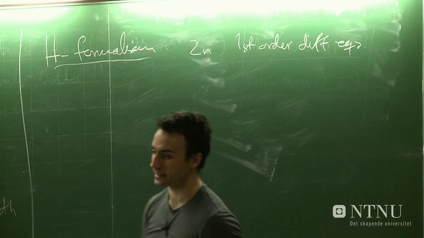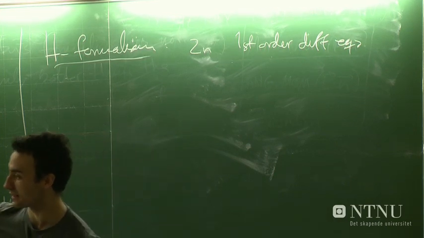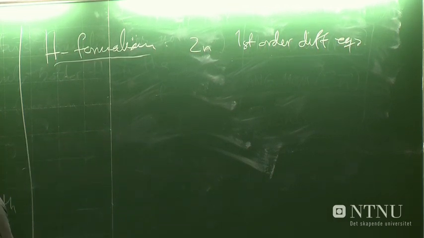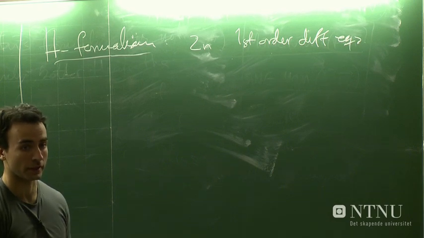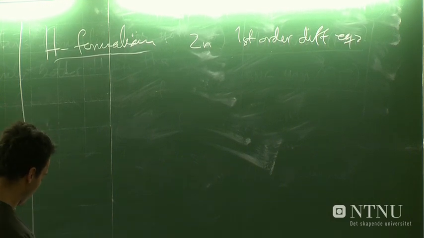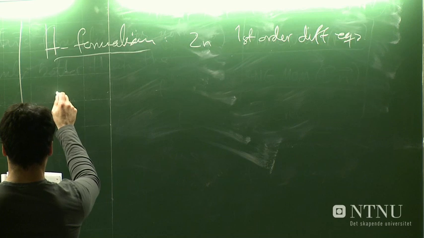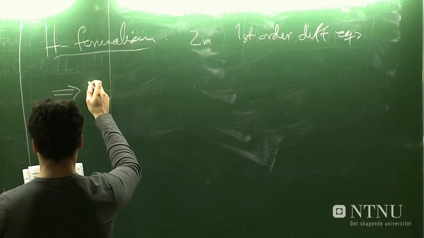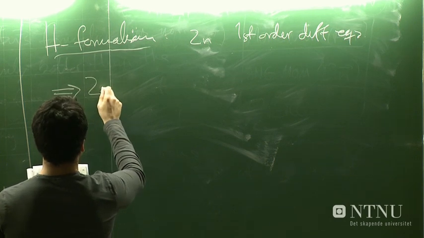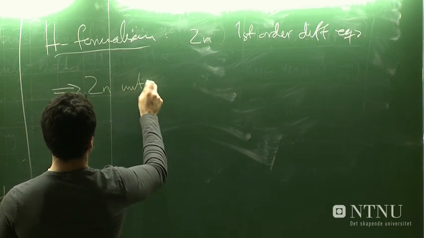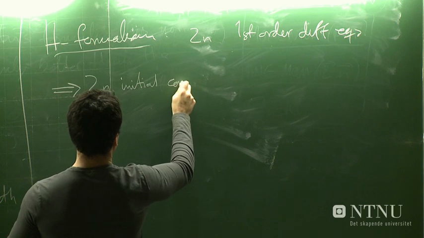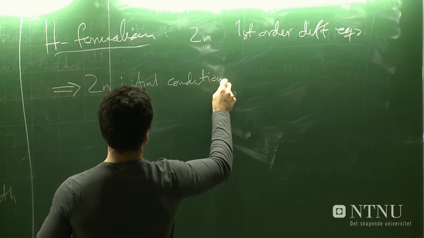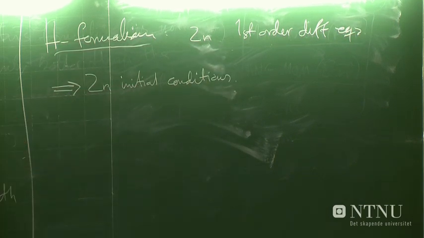Well, the first difference is that instead of having n second-order differential equations, we have 2n first-order differential equations. So we still need 2n initial conditions.